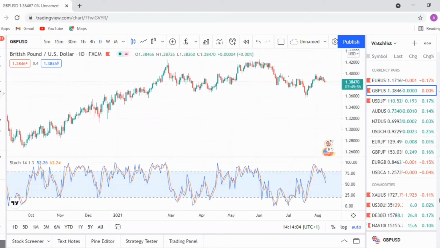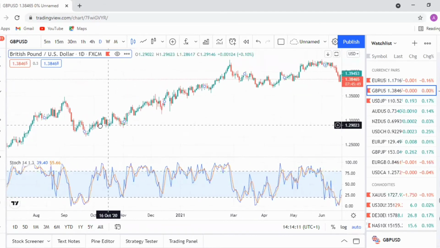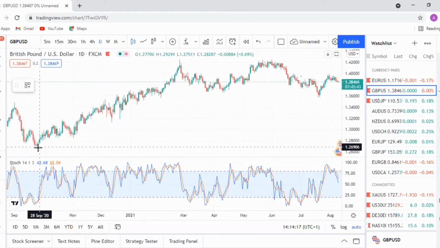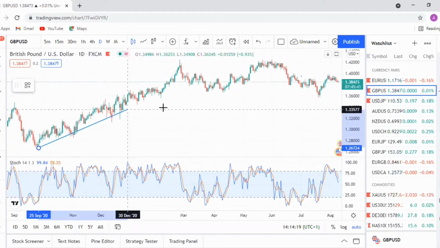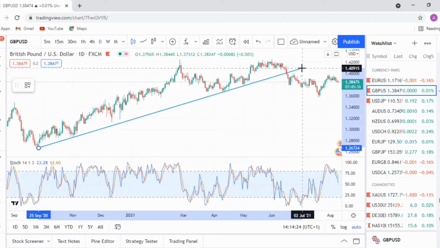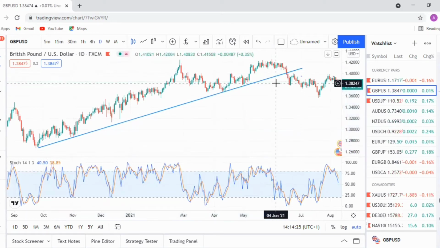Now, I like to use the stochastic on a trending market. Instead of buying and selling at all oversold and overbought regions, this is how I use this stochastic.